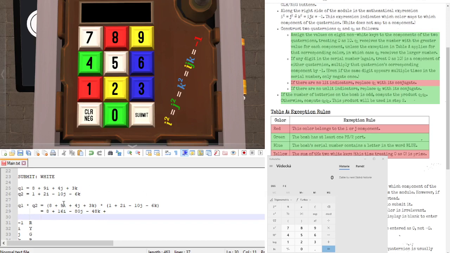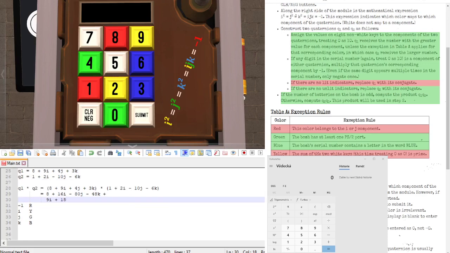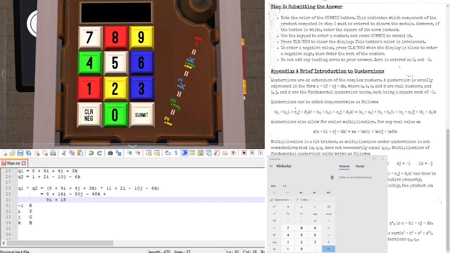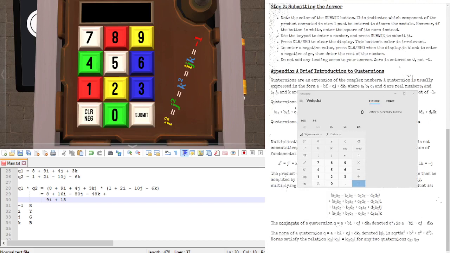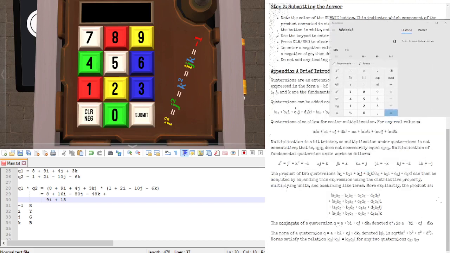So 9i times 1 is 9i. That's okay. Now 9i times 2i, 9 times 2 is 18, so plus 18. However, i times i is i squared, and you should already know that i squared is... Can you see it? No? Okay, well, let's put it like this.